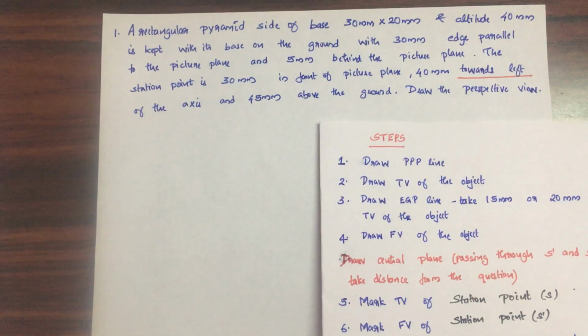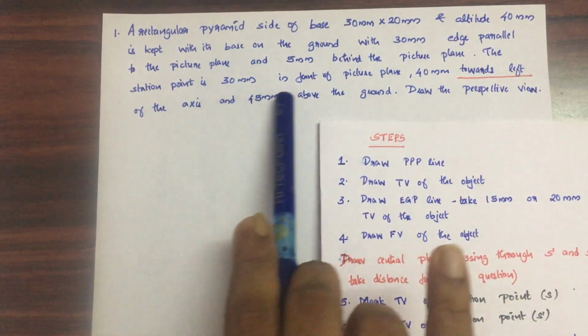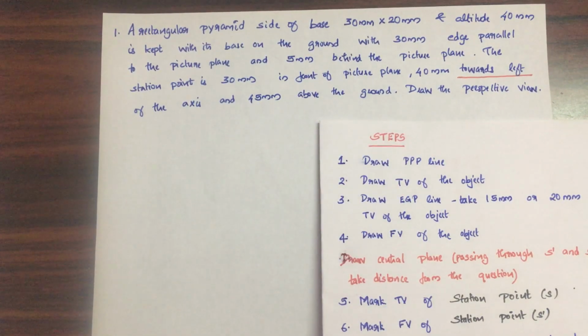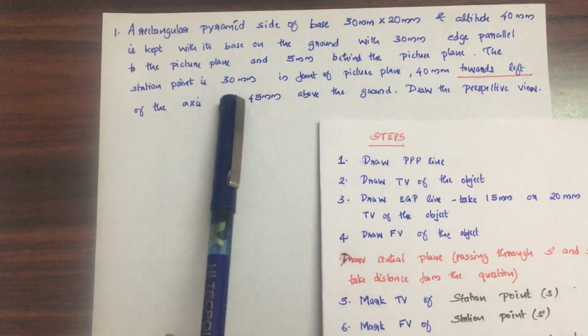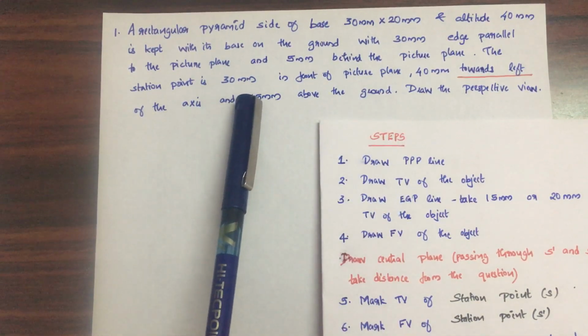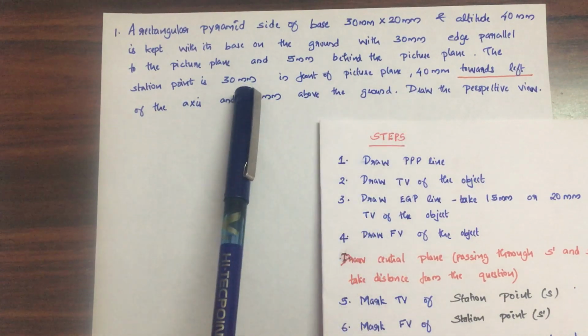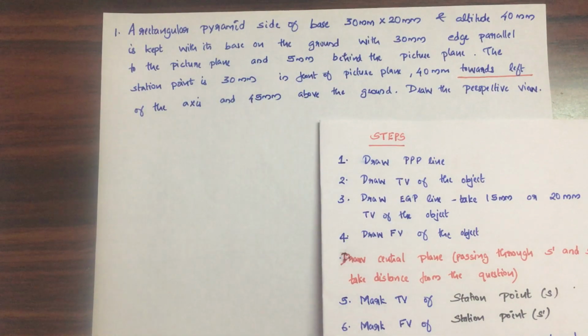For example, the station point is 30 mm in front of the picture plane. It is stated in the question, and you have to identify this value. What is the dimension that is in front of the picture plane? That length should be taken from the base portion of your notebook.